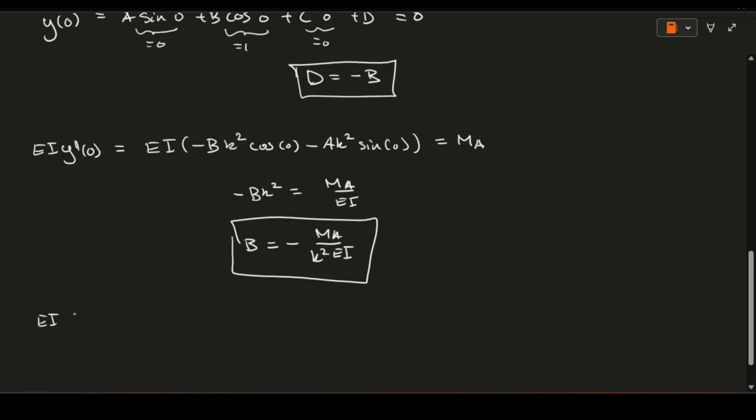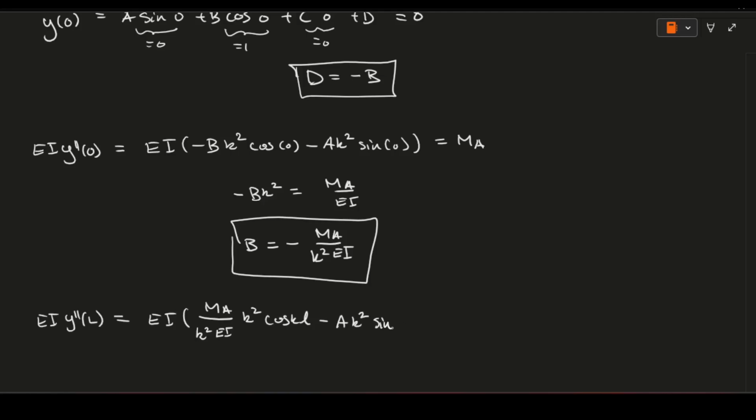So EI y prime prime at L is equal to EI times minus b, which is MA over K squared EI, times K squared cosine KL, minus AK squared sine KL. This is equal to MB.